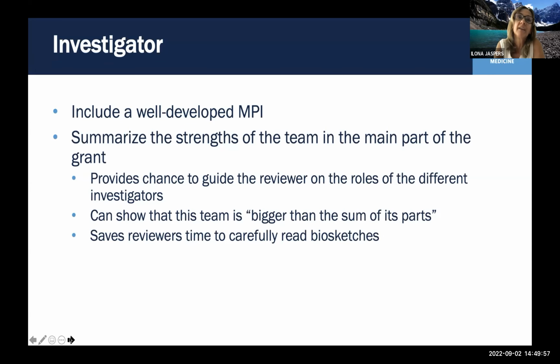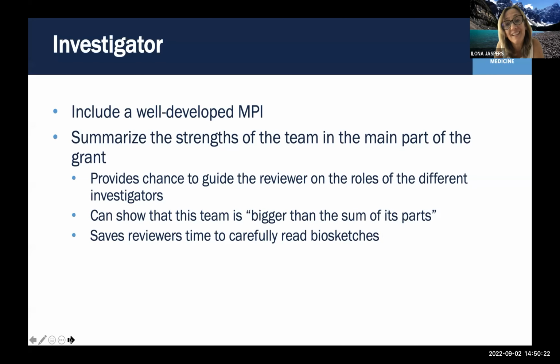Make sure you're saying, your statistical plan was reviewed by so-and-so. If you have a clinician co-investigator that provides integration of your data, make sure that's in there. So you can really show in this paragraph that the team you've assembled for your grant is bigger than the sum of its parts. And I think that's really, really important.